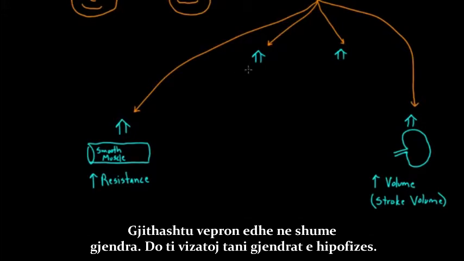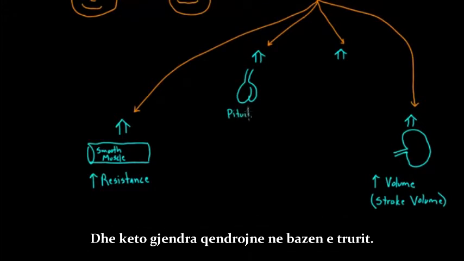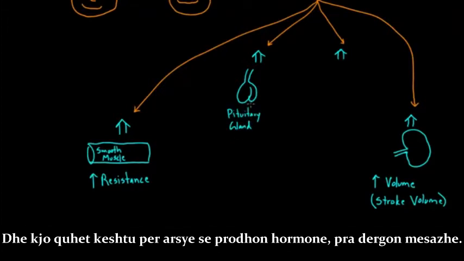It also acts on a couple of glands. So I'm going to try to draw for you the pituitary gland. And this pituitary gland is sitting at the base of the brain. And this gland is called that because it secretes hormones as well. So it's actually sending off messengers as well. So here's a little hormone, again, in orange.